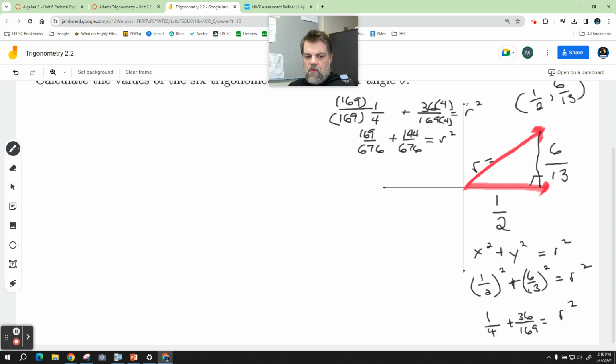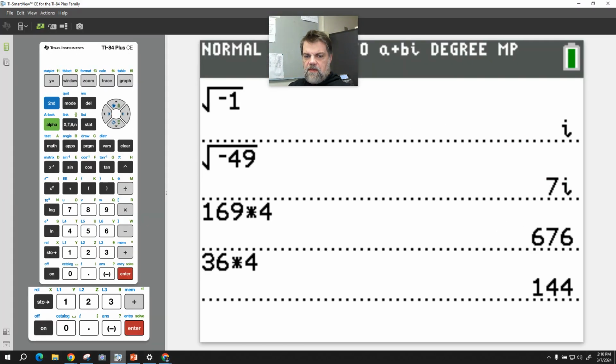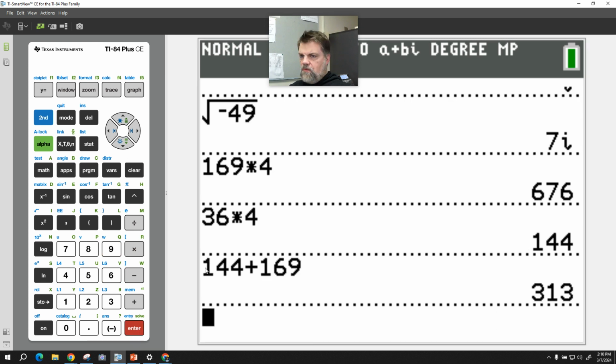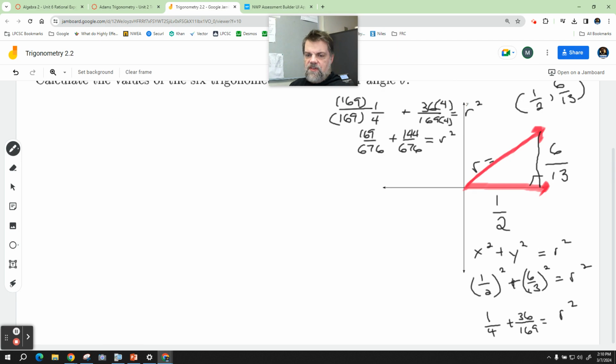So then 144 plus 169, let's add those bad boys up. 144 plus 169 equals 313. Ooh, I think that is not a fun number. So then this whole thing becomes 313 over 676 equals r squared.